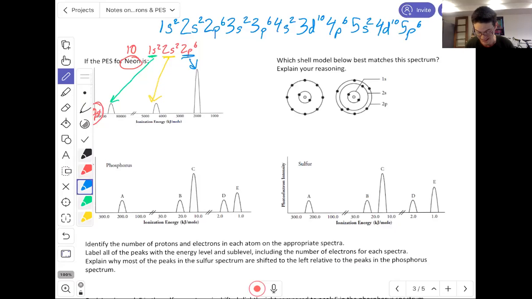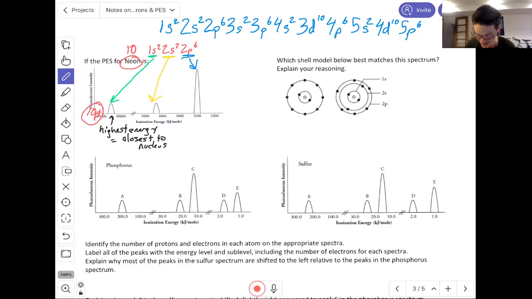And that should make sense because my 1s2 is going to be closest and is always going to have the highest energy. So this guy here has the highest energy, and the highest energy means it's closest to the nucleus. This guy is the same size, and if it's the same size, then it's got the same number of things.